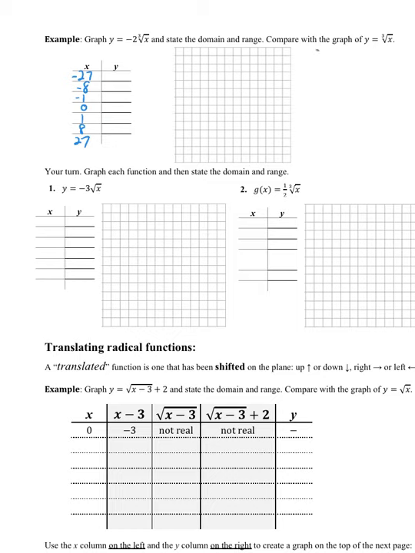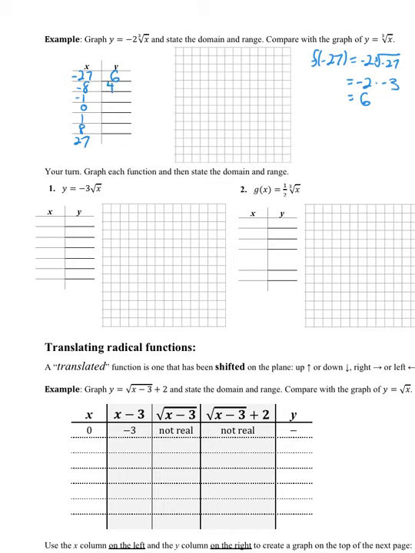The first one, f of -27, is going to be -2 times the cube root of -27. So that's -2 times -3, which gives us +6. So that's what we'd put in there. And then for -8, the cube root of -8 is -2. -2 times -2 is 4. Exactly.